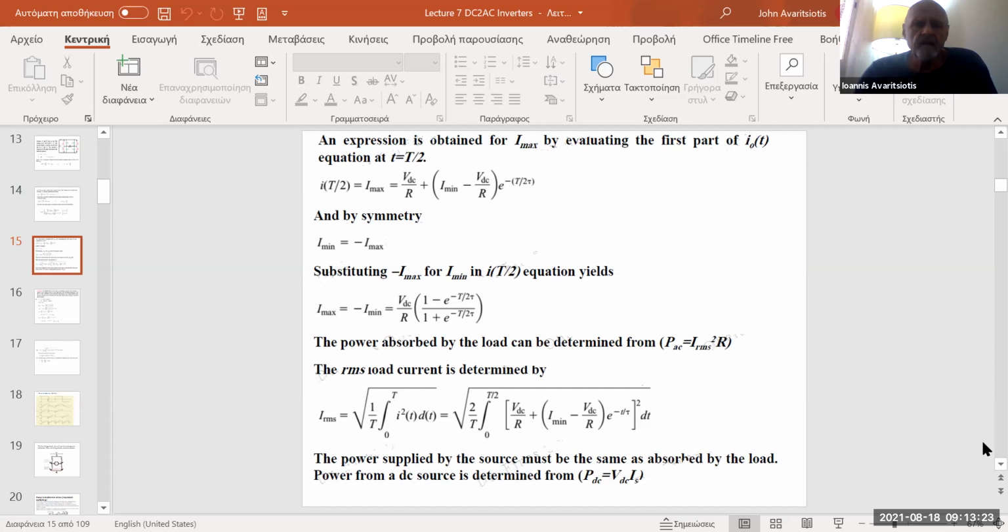However, an expression can be obtained for I max by evaluating the first part of i(t) at a time instance T equals half of the period. It is supposed that we know the switching frequency, and consequently we know the period of the periodic switching of the couple of switches.